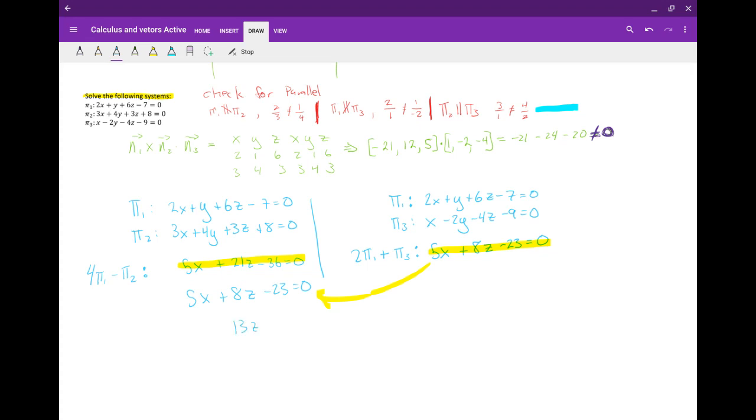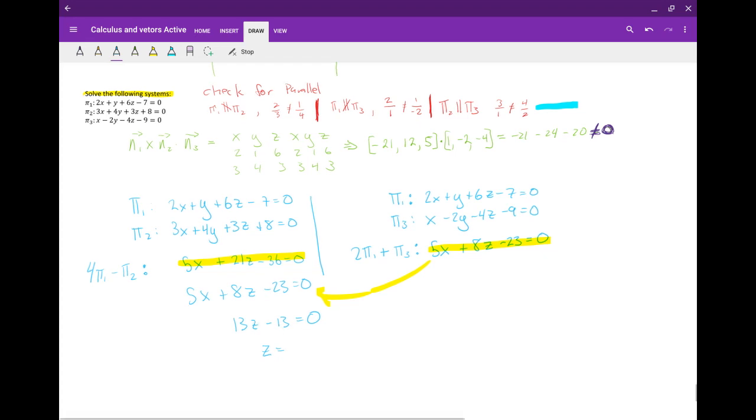Oh my, this is going to get wild. And then I've got negative 36 plus 23, giving me a negative 13. And it looks like z is, if I divide over by 13, z is 1.